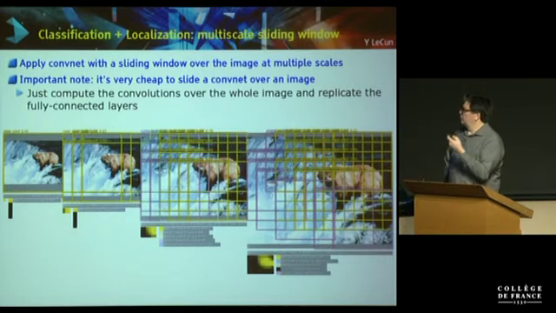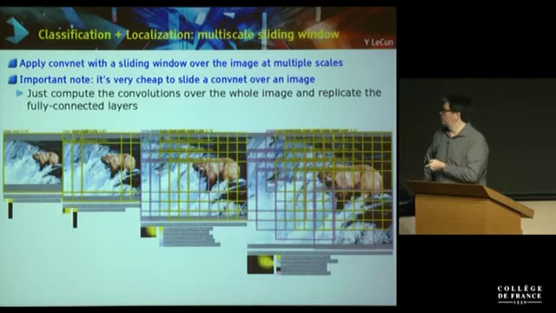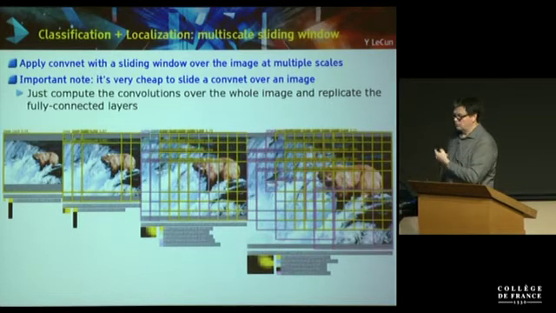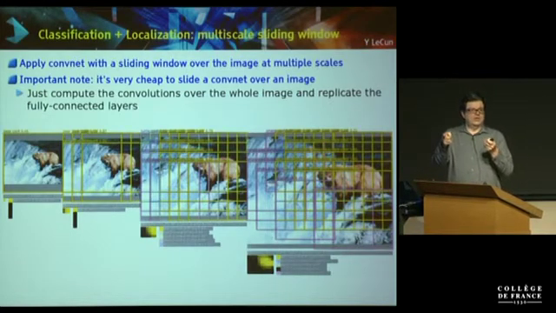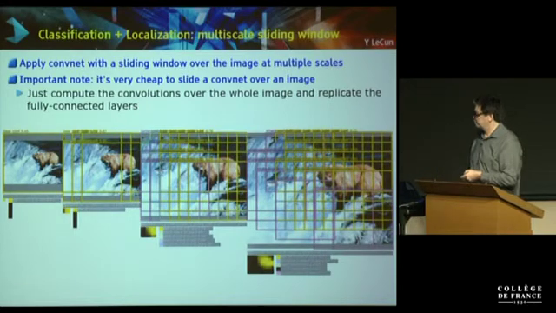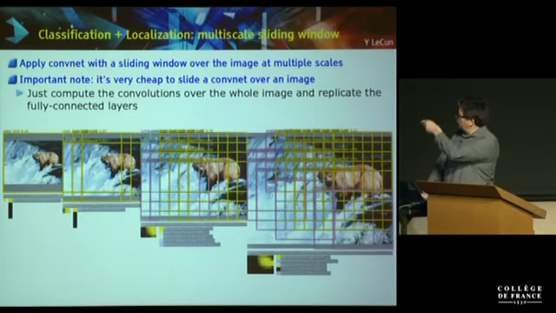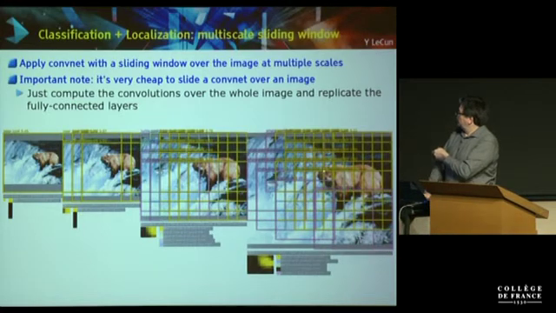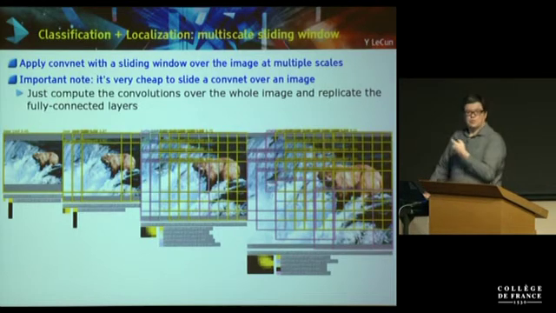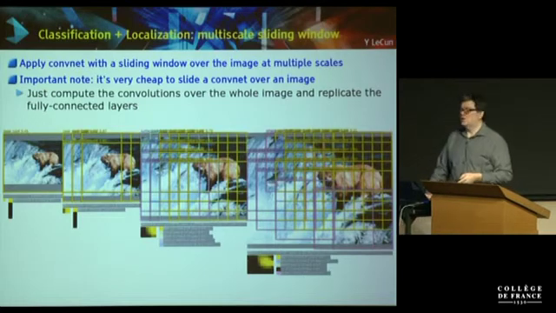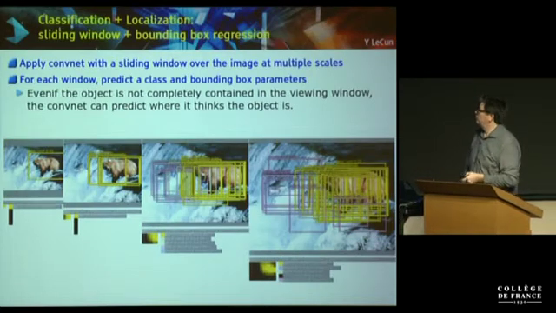It's exactly the same network, but instead of 200 or 1,000 categories, an output for each category, we have 4 additional outputs where we encode the center of the object recognized, as well as its height and width. Now, when the network sees a window that is centered on the head, it can infer that the beer goes out of the window on this side and can therefore predict the box's position.